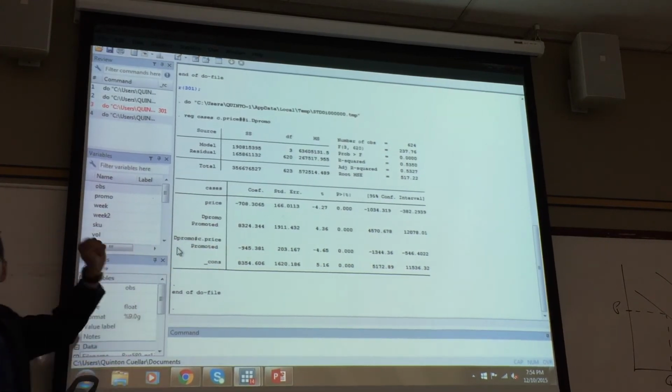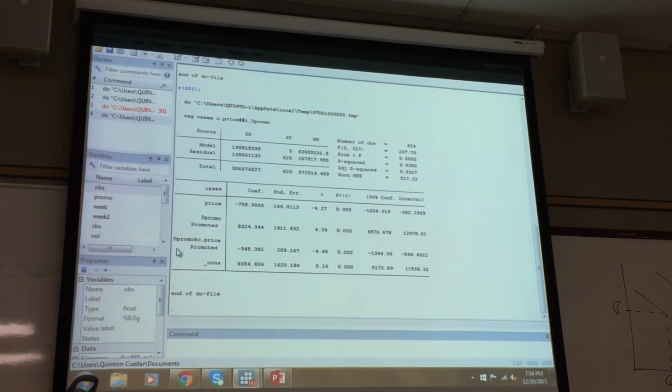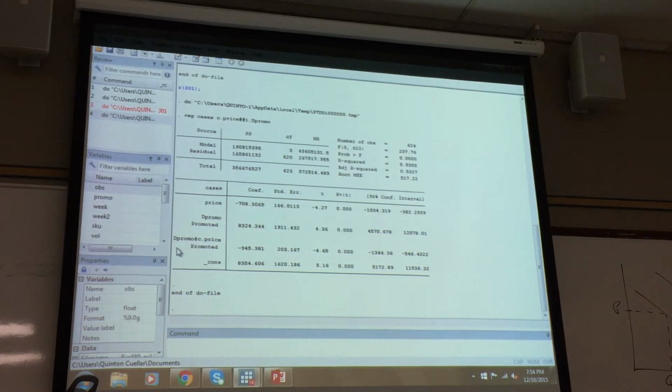So how do we always interpret a dummy variable? As a difference, right? So in this case, it's an interaction with price, so it's a difference in what? The full price and promotion price.